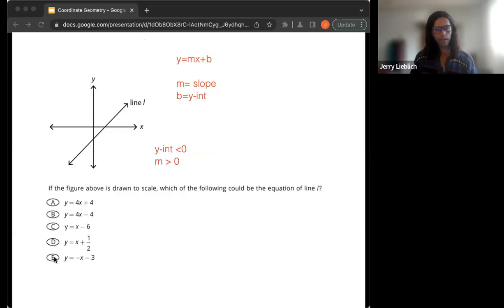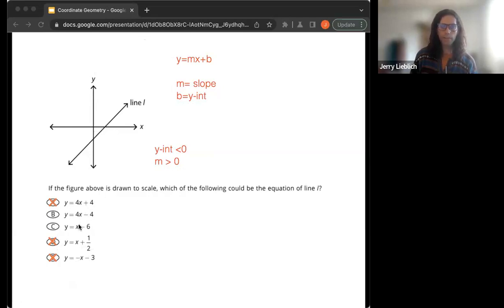Well, E has got a negative slope, so I'm going to get rid of that. D has got a positive y-intercept. Let's get rid of that. A also has a positive y-intercept. So now I have to look at these two and say, which one is more likely? Now, I'm not going to be able to judge based on this y-intercept because I don't know what the scale is here.